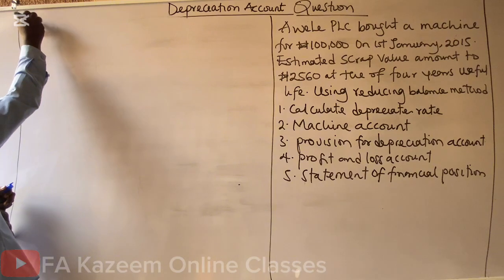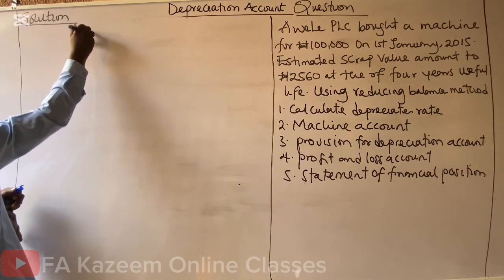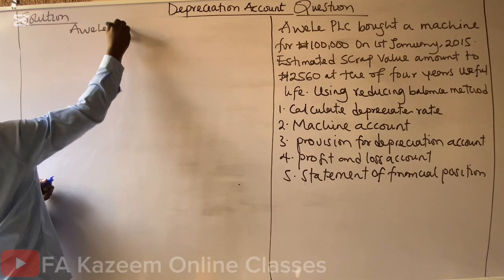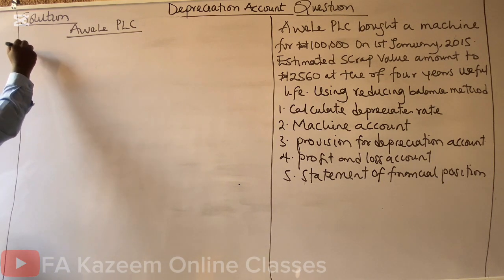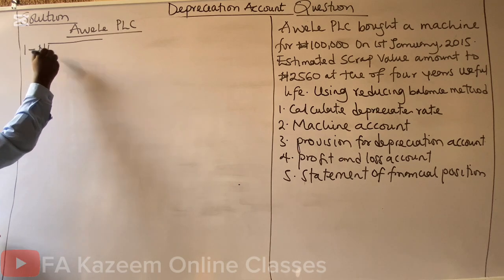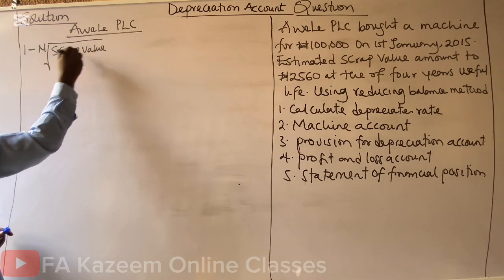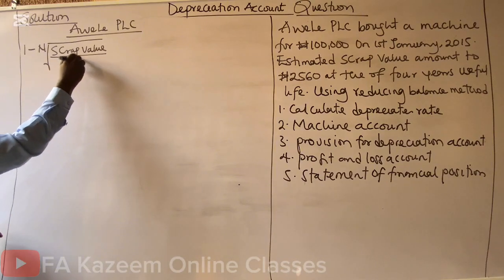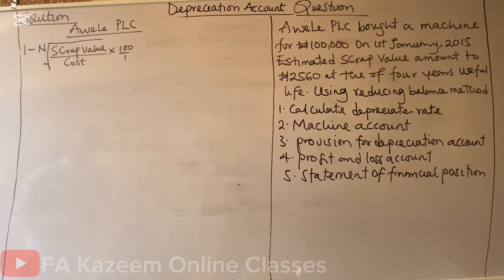Solution. Awele PLC. Now, to calculate the depreciation rate, the first thing to do is to bring the formula: 1 minus the nth root of scrap value over cost, times 100 over 1.